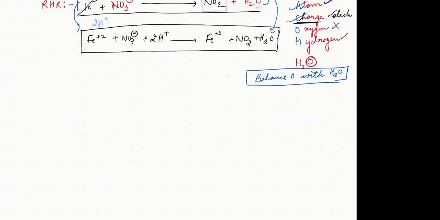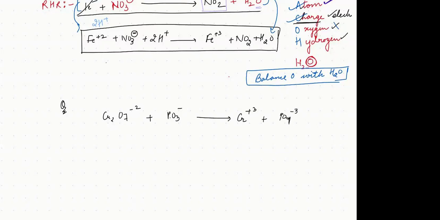Now, let's suppose I give you another equation: Cr2O7 minus 2 plus PO3 negative 3 gives me Cr plus 3 plus PO4 negative 3.